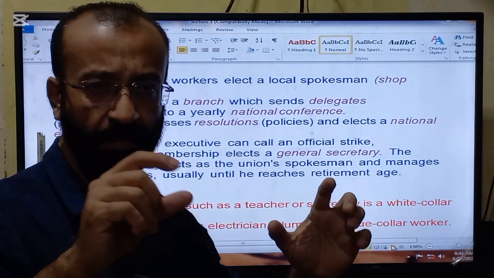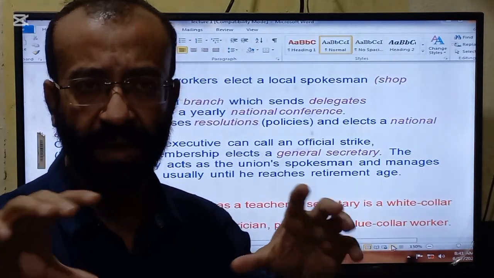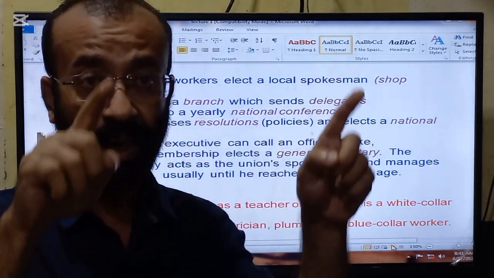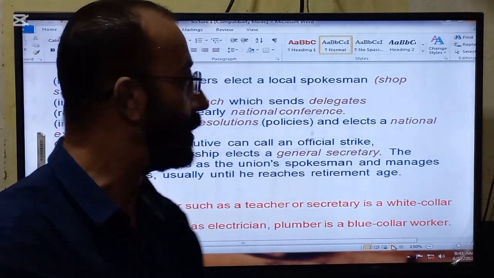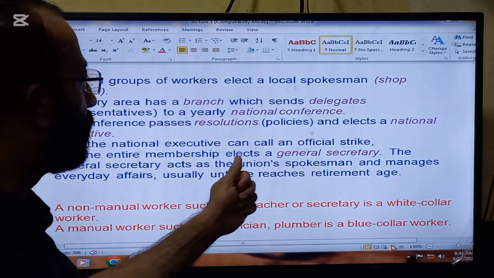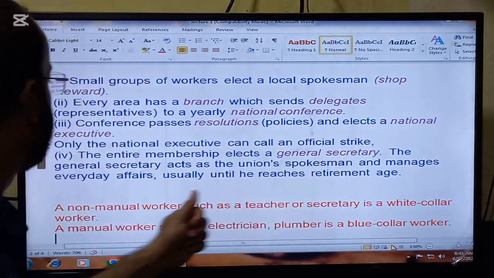Members from different areas are elected as a national executive council. Only the national executive can call an official strike.